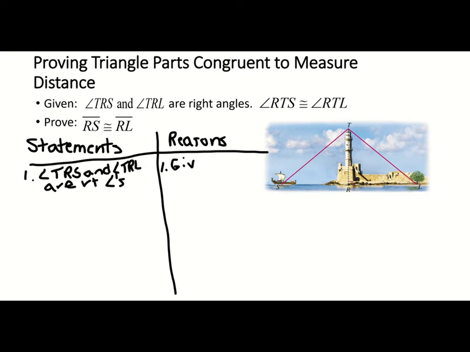What did we say before? If we have a given that tells us we have right angles, what's the next step we automatically have to do? Hopefully, you said, oh, I know, we have to say that those are congruent through our definition of right angles.